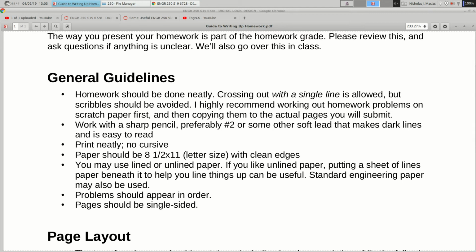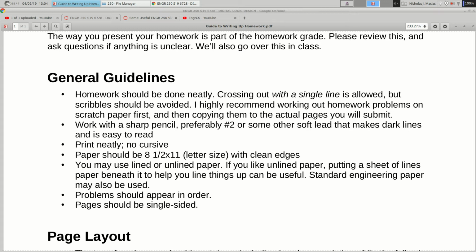So general guidelines, okay? Basically, we're after neatness, okay? I don't have the best handwriting in the world, so I sympathize with less than perfect handwriting. But neatness means don't scribble, right? If you need to remove something, draw a single line through it, okay?